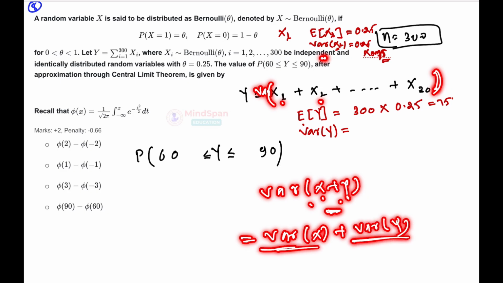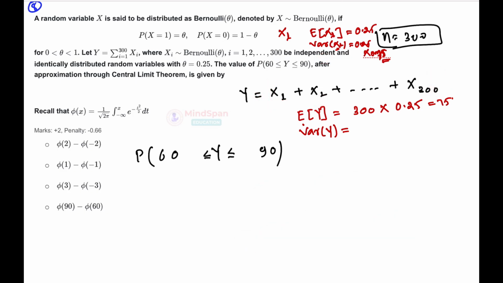So in this case, since all these random variables are independent, we can just write the sum of the variances of the individual random variables. We have 300 terms, and the variance of each one is 0.25 times 0.75, and how much will it be?